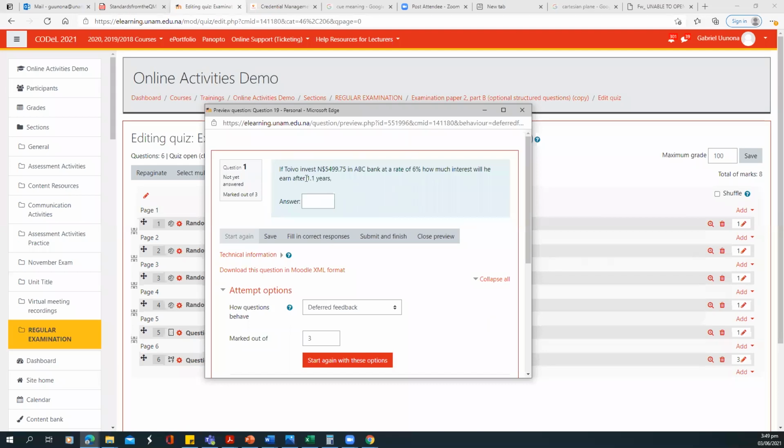You might remember that when I was setting the question, I didn't put the numbers here. I only declared the variables. That means for student 1, they will get this amount. Another student, they will get a different amount at the investment amount, at the rate, and at the time.